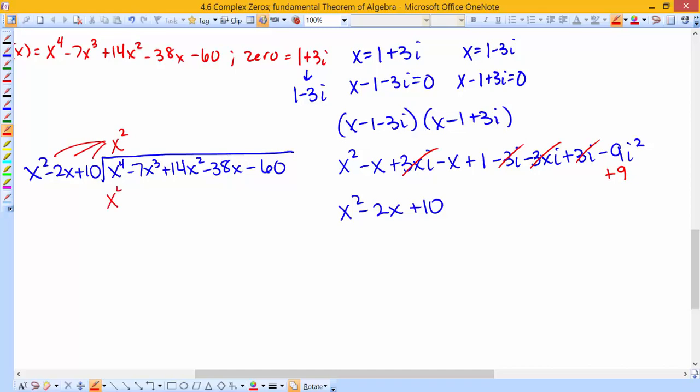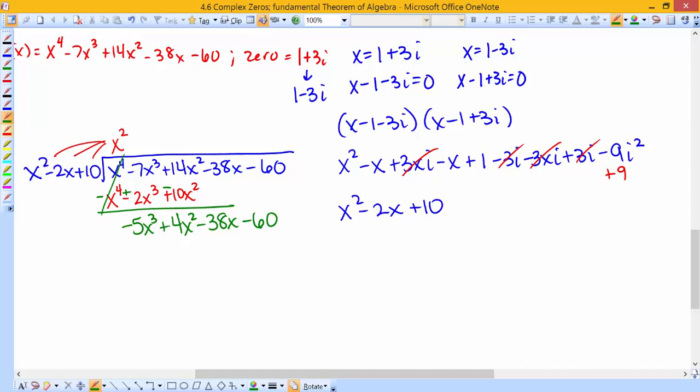I get x to the fourth minus 2x cubed plus 10x squared. Because I'm subtracting, I need to go through and change all of my signs. X to the fourths cancel. Negative 7 plus 2 is negative 5x cubed. 14 minus 10 is 4x squared. Then I still have the negative 38x minus 60.